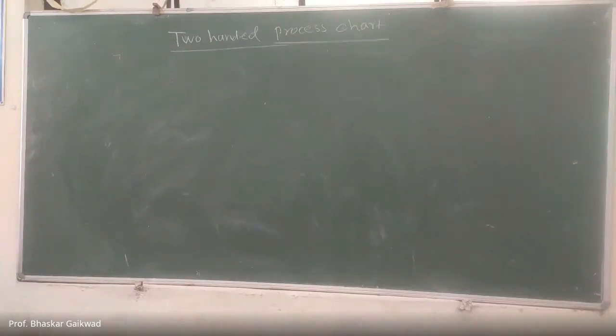So when can we use this two-hand process chart? Whenever repetitive action is there. Repetitive actions means assembly of carburetors, assembly of nuts, bolts, washers. So whenever repetitive things are there in industry, always we have to use these two-hand process charts, left hand side and right hand side.